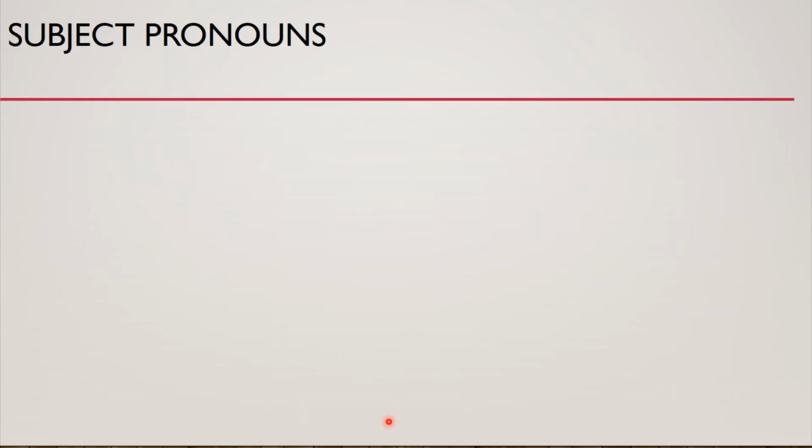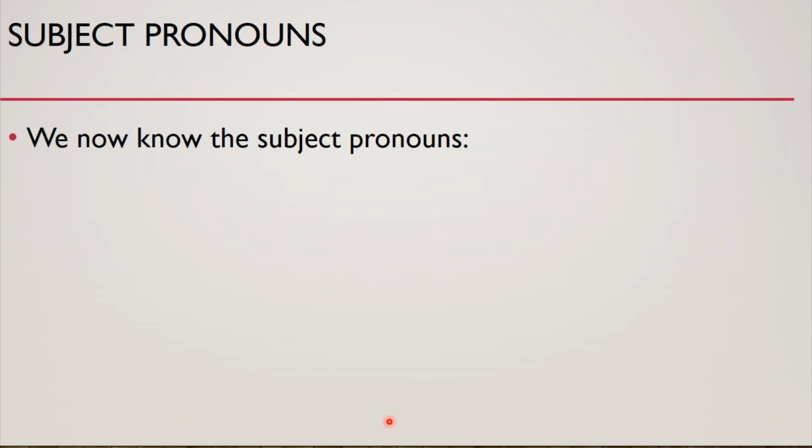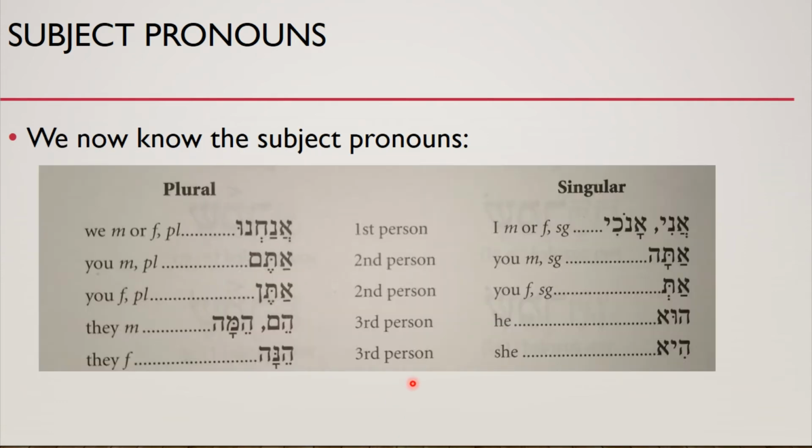On to subject pronouns. So we now know all of these subject pronouns, and this chart is right from the book on page 51. So here you'll see how this is organized. This is actually structured the same way that verb patterns are going to be shown in this chapter and in subsequent chapters. We have on the right column, first person singular.